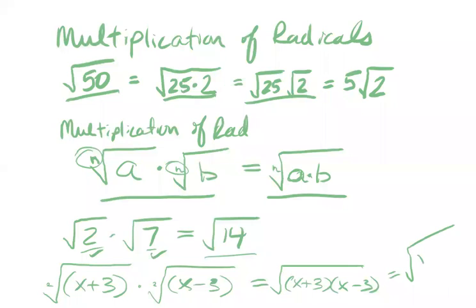And so that's x squared minus 9. Again, it can't be simplified, and we can know that because we can see what its factors are, and neither of these factors are perfect squares.